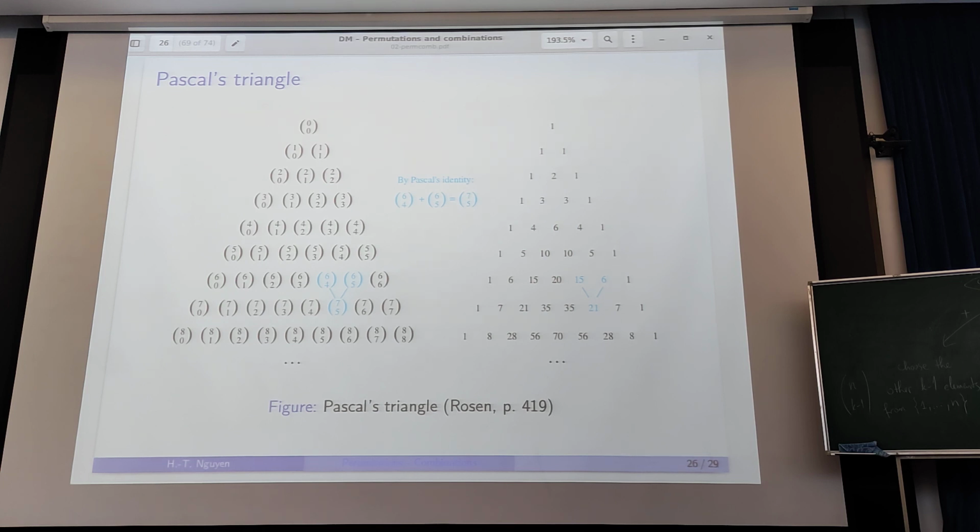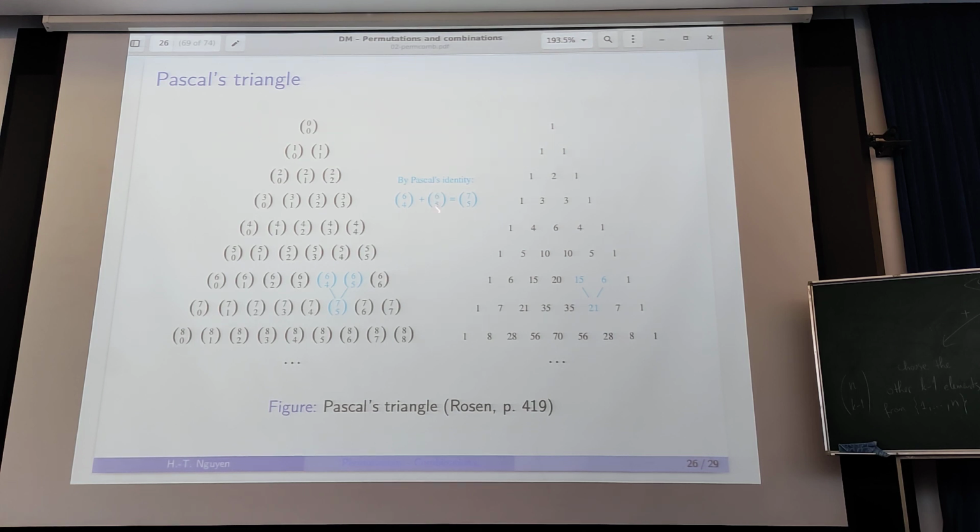The Pascal's identity that we have just proven is illustrated by those small triangles here. This is an example for n equal to 6, and k equal to 5.